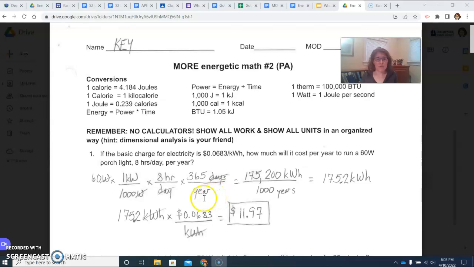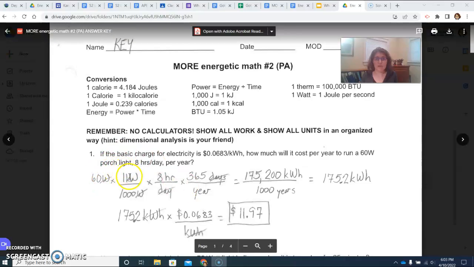Now when I go back through, I can cancel out watts in my numerator and denominator. I can cancel out days in my numerator and denominator. And the units I'll be left with will be kilowatt hours per year. That's actually where I want to be on my way to solving my problem. It's not going to get me all the way there because I want to end up in dollars, but it's going to get me part of the way there.